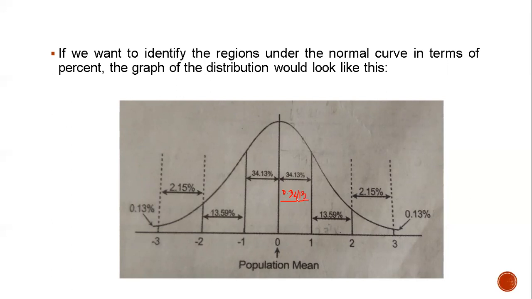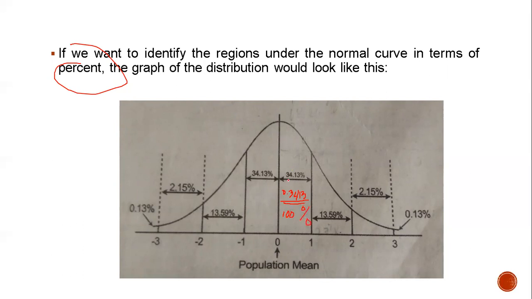Itong mga number na yan, probability. Itong portion na merong mga hati-hati, yan yung tinatawag na proportion. Pero pag sinabi nating percentage or percent, we simply multiply the 0.3413 to 100. Okay? Para makuha natin yung percentage, i-multiply lang natin sa 100.